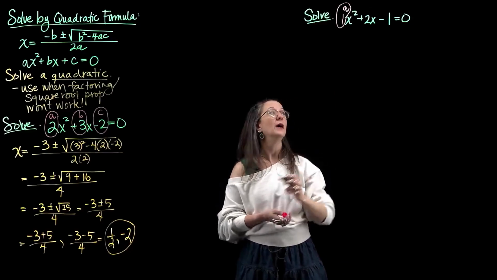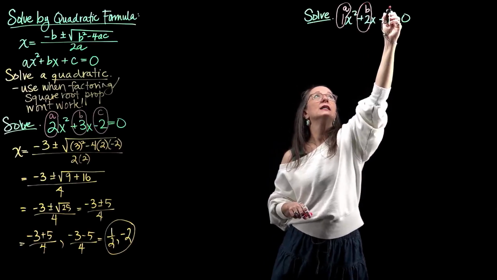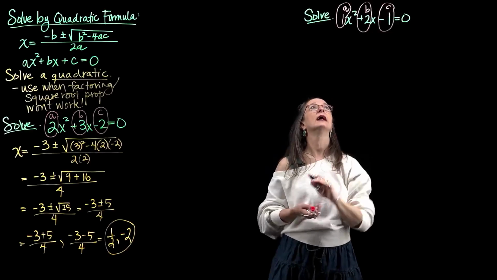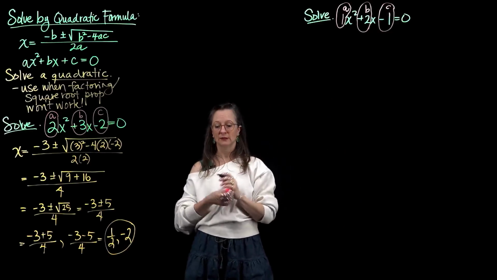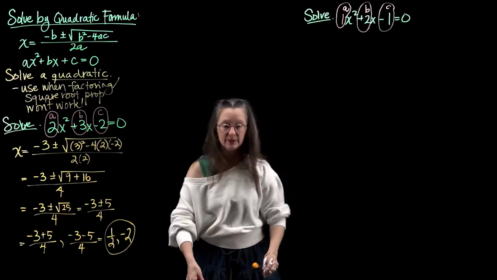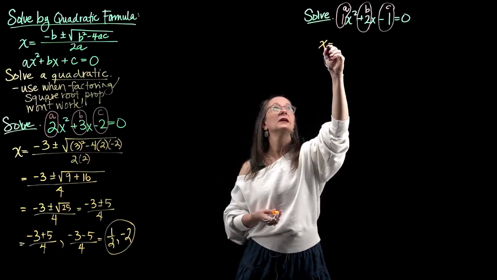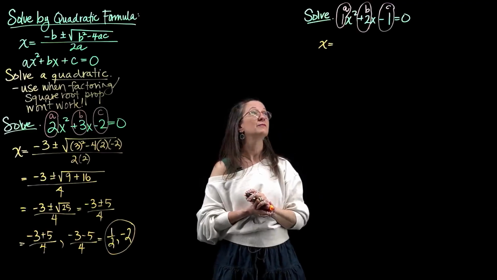So a is equal to 1, b is going to be positive 2, and c is going to be negative 1. And I recommend writing that out every single time to keep you organized and make sure the right numbers end up in the formula in the right place.